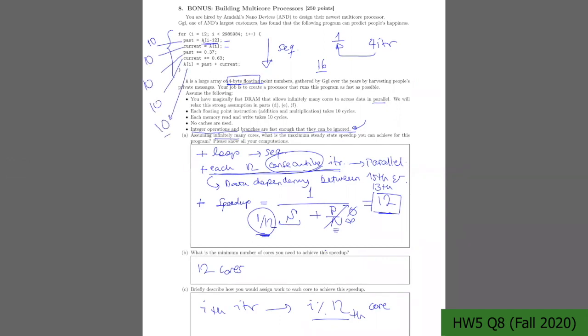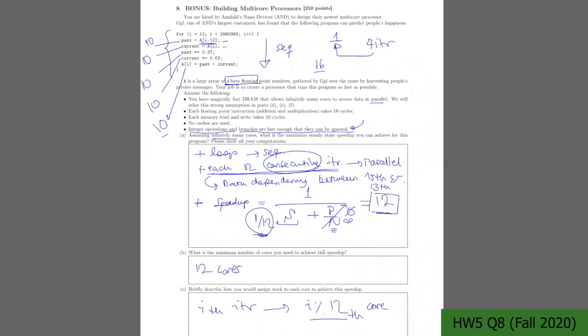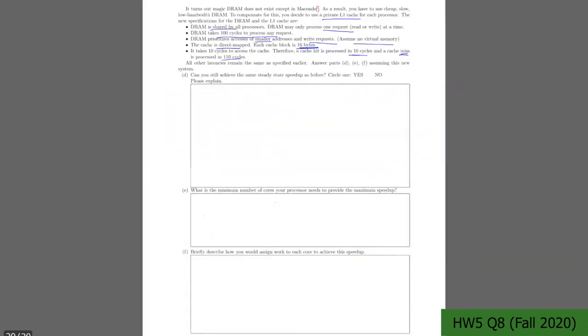So in the iterations where we do not need to go to memory, we would need 50 cycles. So let's go back to the solution here. We first need to write that each 4 iterations, there would be 1 DRAM access.